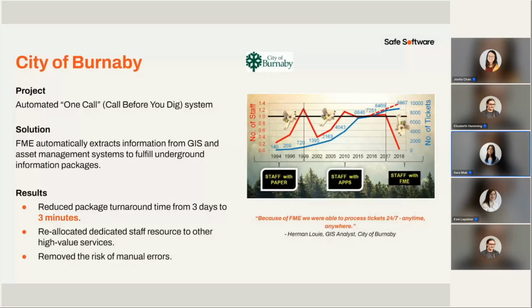And this is where they brought in FME to automate that process of procuring and packaging the information. And this cut the wait time from 3 days to a very impressive 3 minutes, which is a huge improvement. The staff there that were previously overwhelmed and probably really stressed by this can now shift their attention to more productive tasks, and by using FME, they eliminated the risk of manual errors.